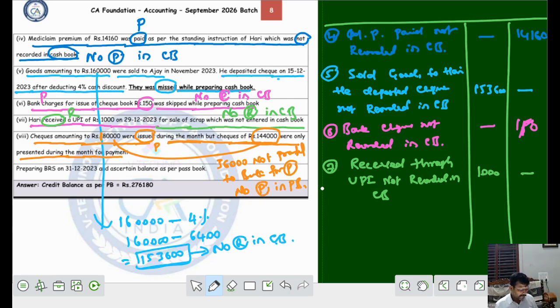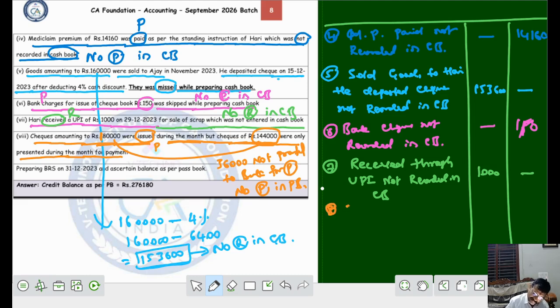Do you follow? Checks 1,80,000 were issued, but only 1,44,000 presented to the bank. Where are we going to present? Only to the bank. So the remaining amount, 36,000, is not presented.